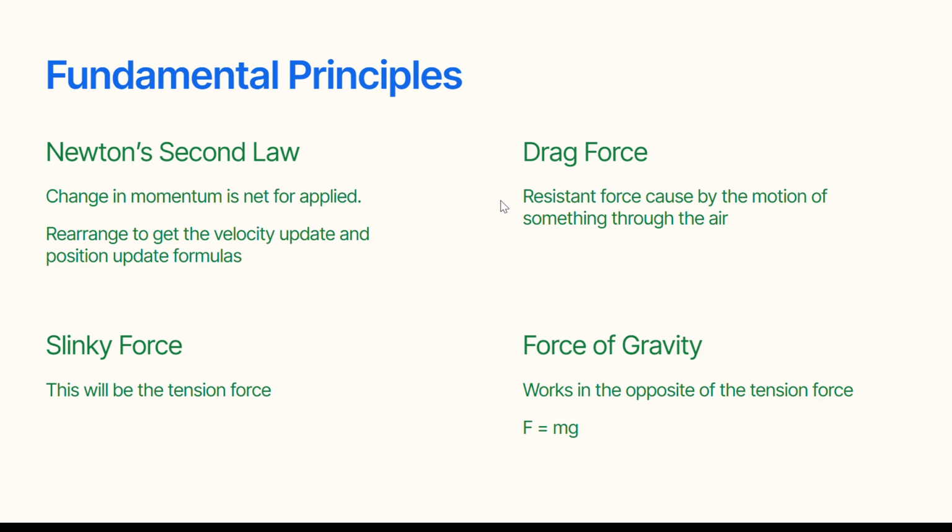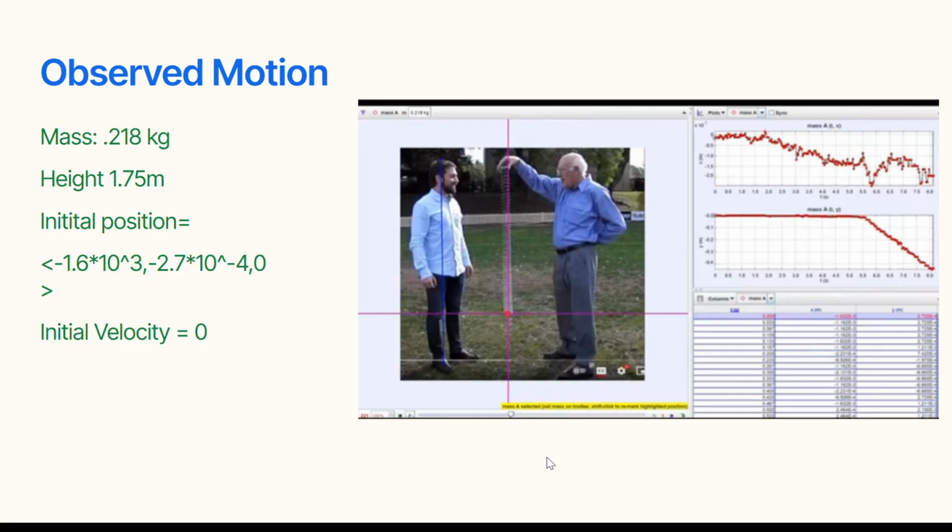The drag force is the resistive force caused by the motion of something through the air. So as the Slinky's falling down, you'll have the drag force working up against it. You also have the Slinky force, which in this case will be a tension force. And finally, the force of gravity, which works opposite to the tension force, and that's F equals mg.